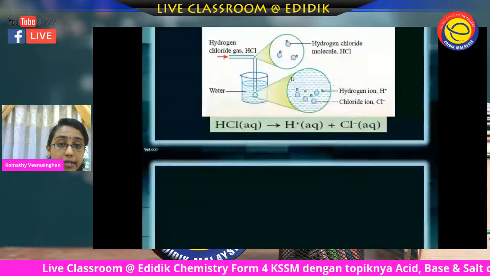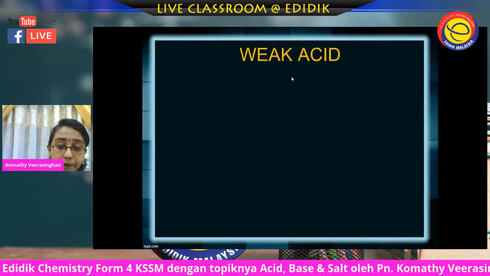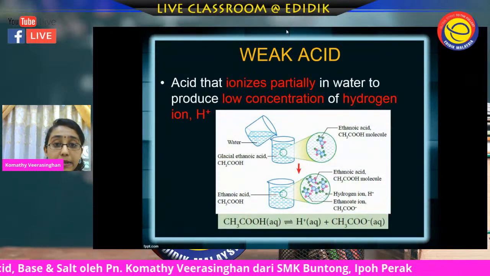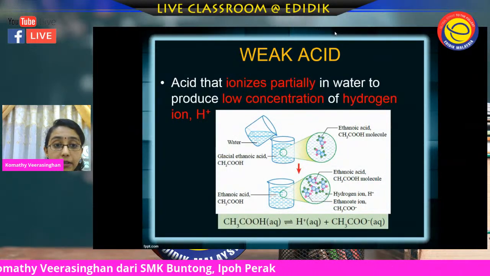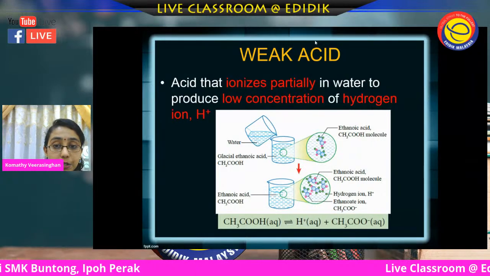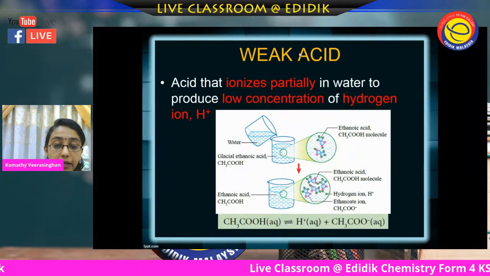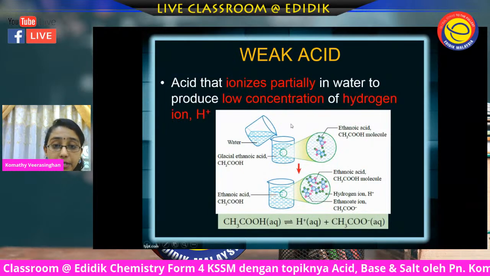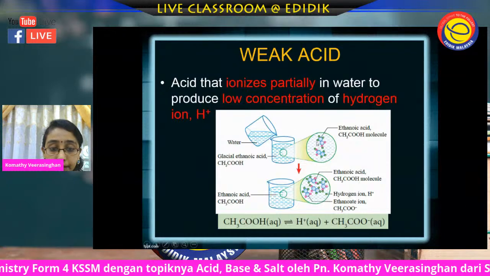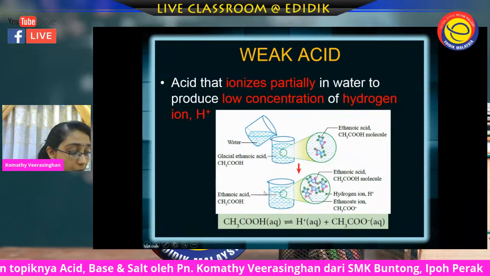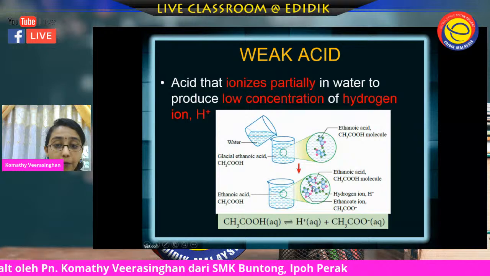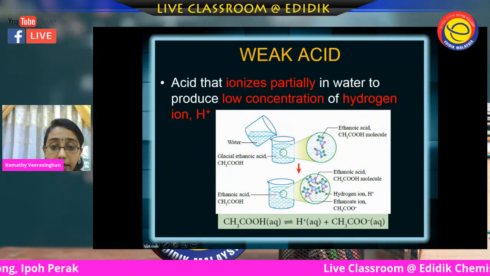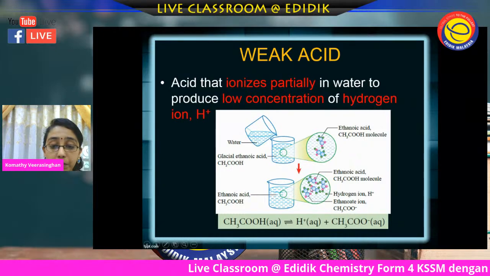Whereas for weak acid, it is an acid that ionizes partially in water to produce low concentration of hydrogen ion. Okay, what's the meaning of ionizes partially? Please look at this diagram. You can see the ethanoic acid in water. Now, when ethanoic acid dissolves in water, can you see they still remain in the form of molecules.